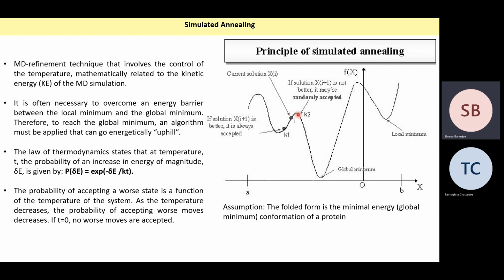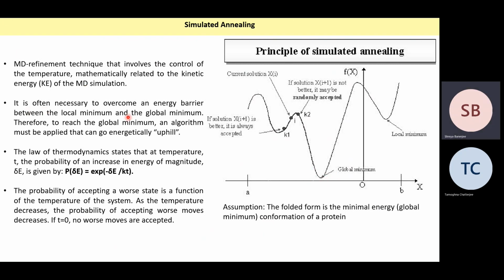And so that enables it to find the global minimum. This is the advantage of simulated annealing over other molecular dynamics simulation techniques, which only go to lower energies, and then the structure will get stuck in the local minimum. But in simulated annealing, it also goes to higher energies, and then eventually it finds the global minimum.